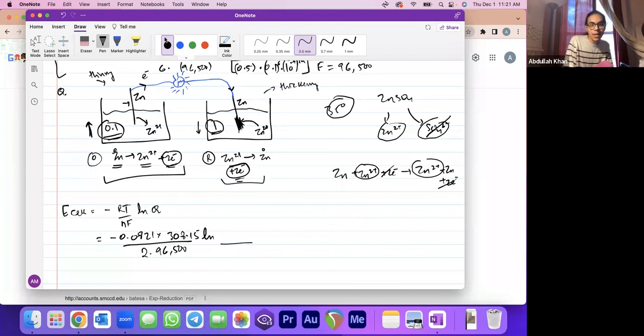That's where color coding can help you. So let's make this green, zinc, and 2 electrons. So zinc becomes zinc 2 plus 2 electrons, and zinc 2 plus 2 electrons, so that goes here, becomes zinc. Let's add these up. So we get the 2 electrons cancel.